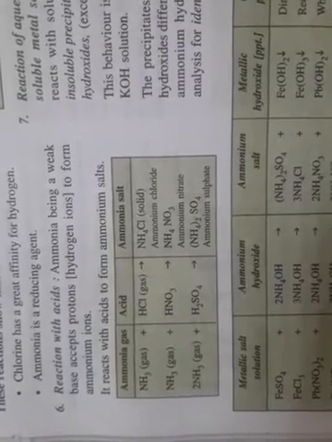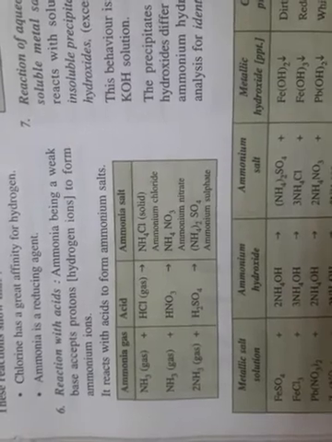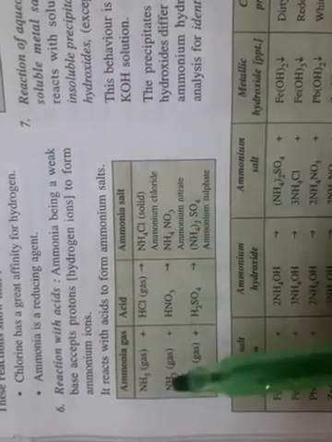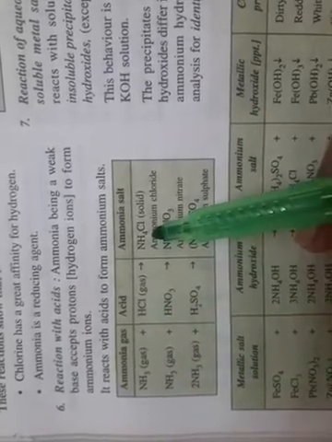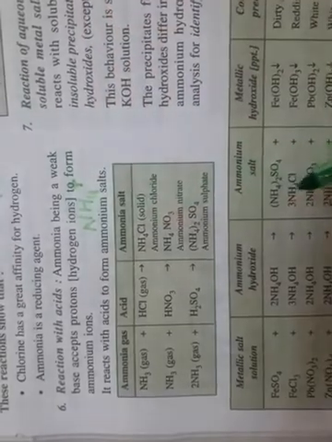Ammonia is a base, so it will react with an acid. When it reacts with an acid, it forms salt. NH3 plus HCl gives NH4Cl. Remember, ammonium is NH4 plus 1. Do not forget your symbols and valencies.